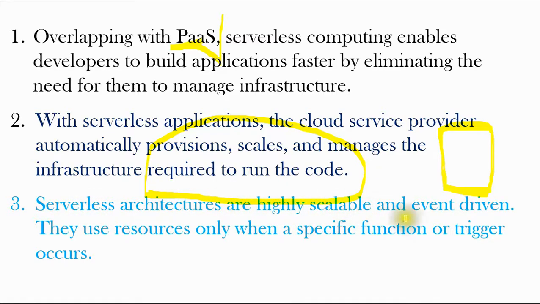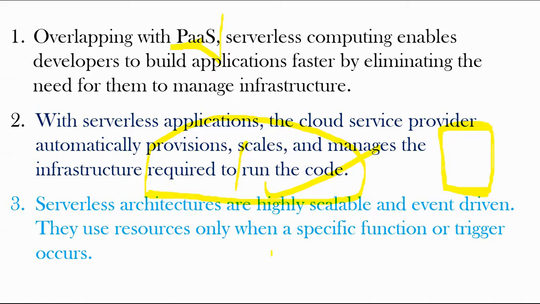And guys, the third point is, serverless architectures are highly scalable and event driven. They are very highly scalable. You can scale, you can expand whenever it is required, and they use resources only when a specific function or trigger occurs. That is what I was talking about here. The infrastructure required to run the code, so they will be running certain code, and the resources will be used only when a certain function happens and a trigger occurs.